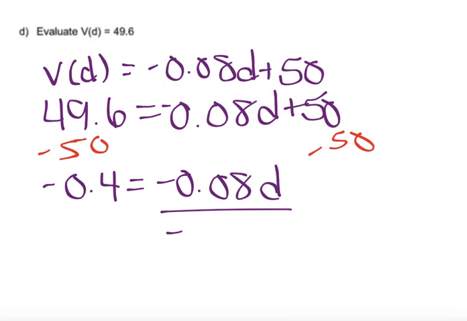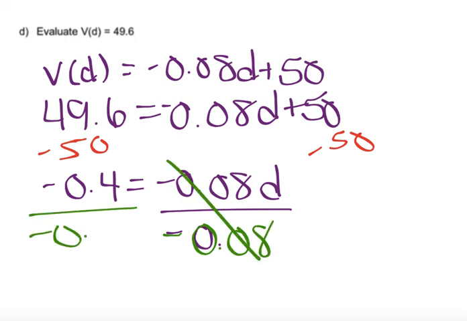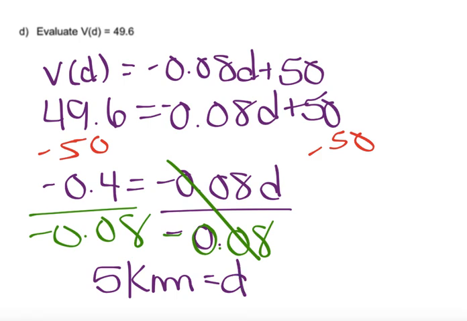And now I'm going to divide by negative 0.08 to get rid of it. If I take negative 0.4 divided by negative 0.08, I'm going to wind up with 5 kilometers is equal to d. So I will have 49.6 liters after 5 kilometers. That's what that's telling me.